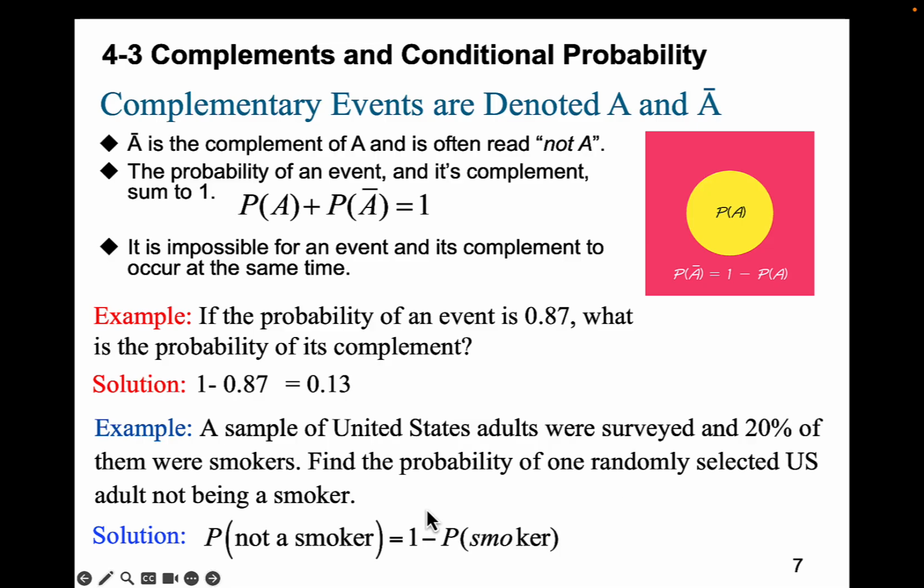How that would look would be the capital P of not a smoker is equivalent to 1 minus the probability of a smoker, which is 1 minus that 20% or 0.2, which is 0.80. So if you right away got 80%, nice job. The probability, though, remember, is the corresponding decimal, 0.80.